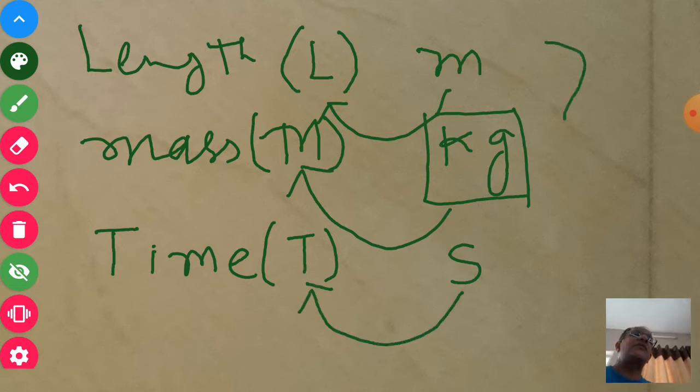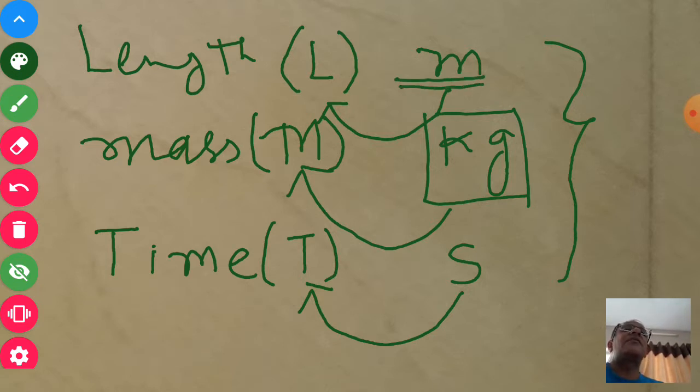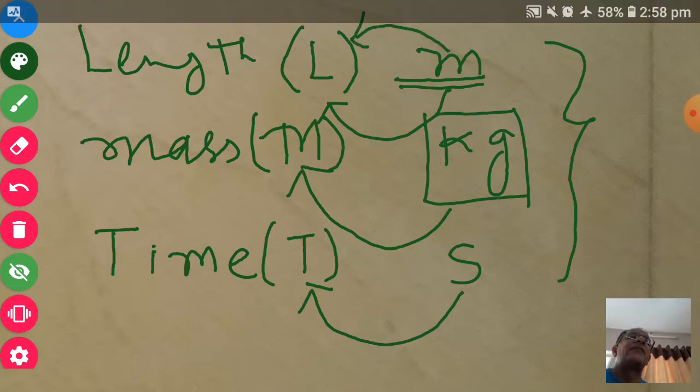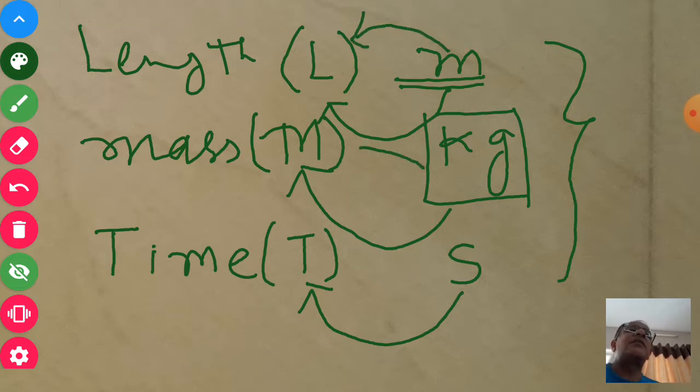So whenever we have meter in the unit, meter is the dimension of length. If there is kg, it is a dimension of mass, or we have measured mass. And if you have second in any unit, we have measured the time. So second is a dimension of time.